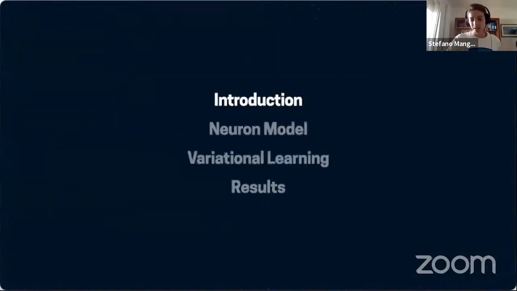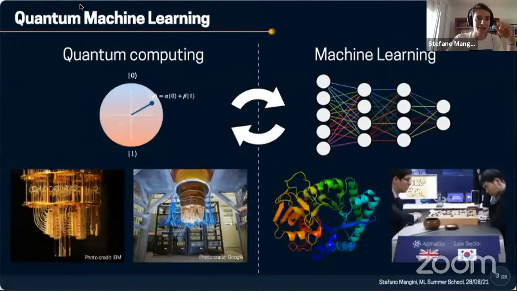I'll start with a brief introduction to this work. So just a first slide about what is quantum machine learning. This work lies in the field of quantum machine learning, which is a fancy name for a range of techniques which aim to study the interplay between quantum computers and machine learning.